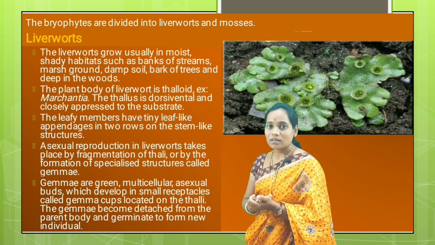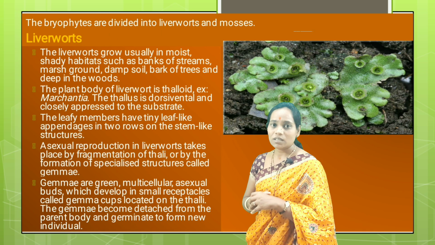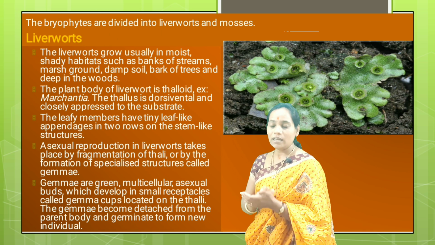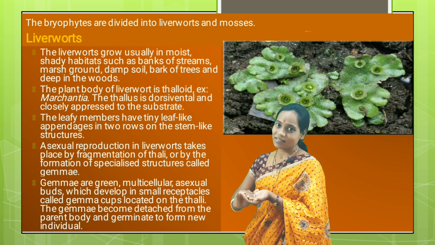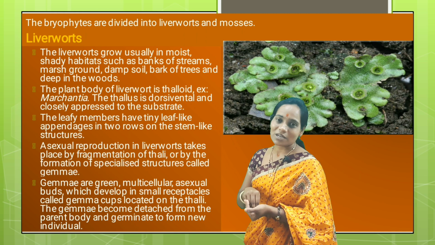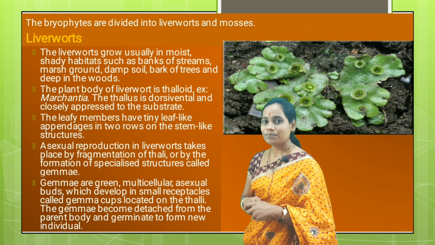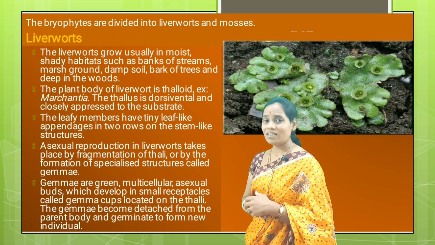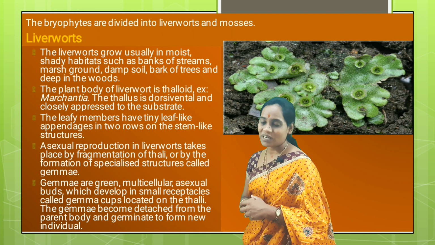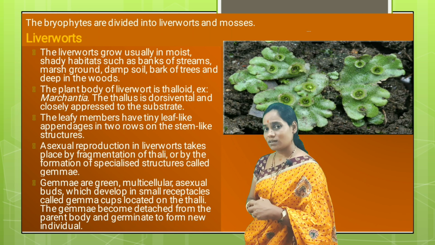Usually on the thallus of the liverworts, receptacle, cup-shaped structures are produced in which the asexual buds called gemmae are produced, which are green, multicellular asexual buds. How do they help in reproduction?